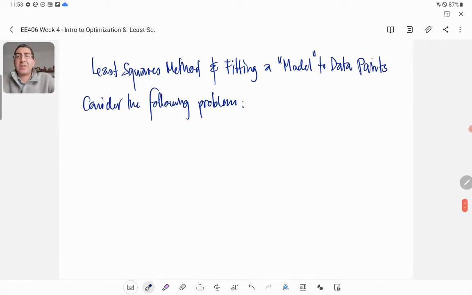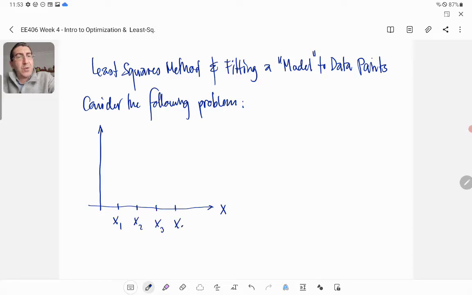Okay, so let me give you an example. Let's say that we basically have the X domain, and you have a number of points here. Let's say these are our data points, at x1, x2, x3, x4. And we know that for those points, we have specific y points. So this is x, this is y.